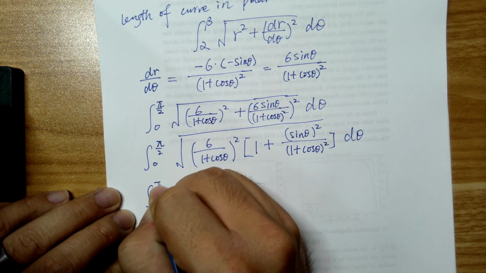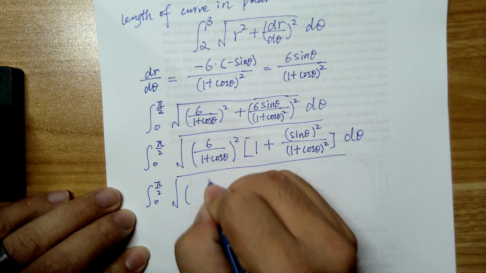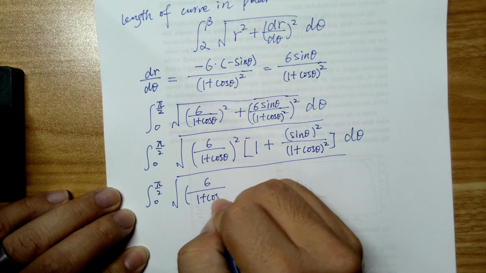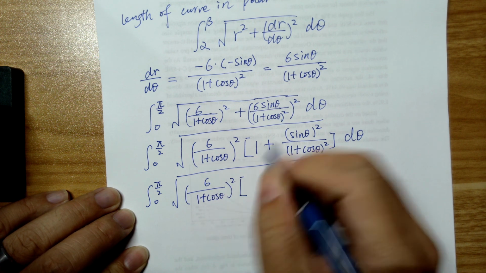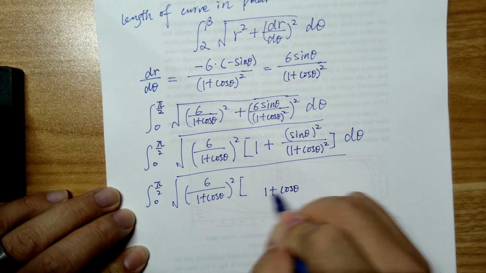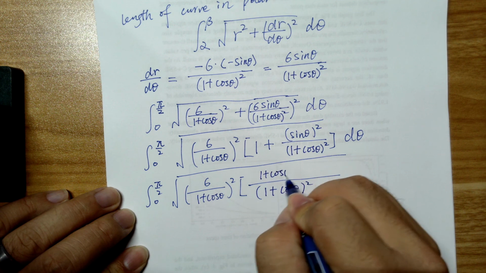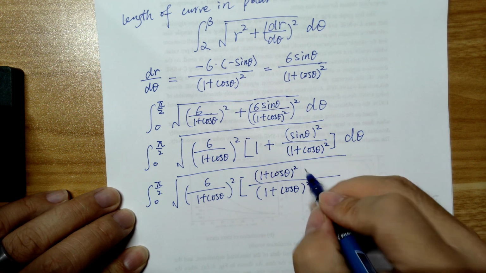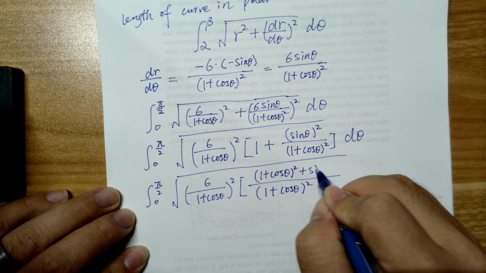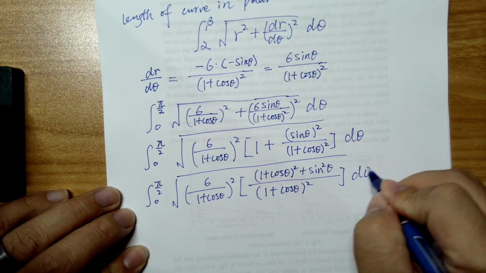So I have 6 over 1 plus cosine theta squared, and you will see I'm going to have 1 plus cosine theta squared over 1 plus cosine theta squared, and then plus sine squared theta, right? And then d theta here.